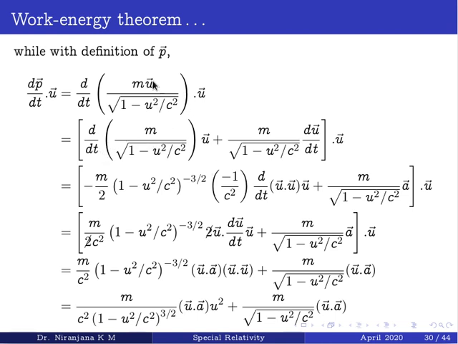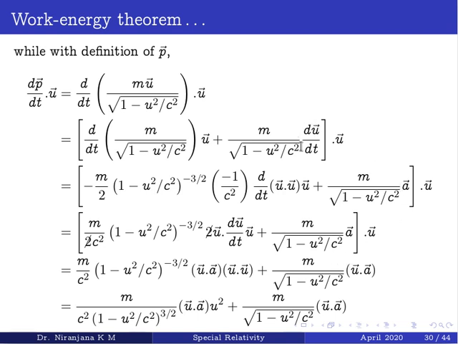You can see here the thing which is inside the parenthesis has been differentiated by using the product rule, and this is what you are going to get. And further, the expansion of this differentiation gives you this by making use of the chain rule, and this we have done before, and this leads to this expression.